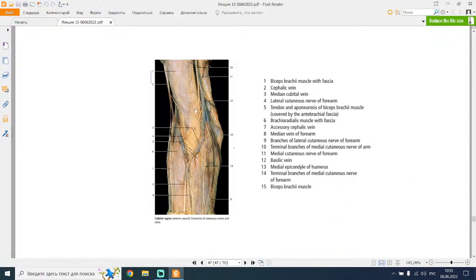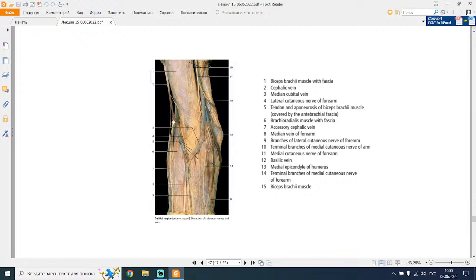And you see vena basilica, vena mediana cubiti. This is vena cubiti medialis.